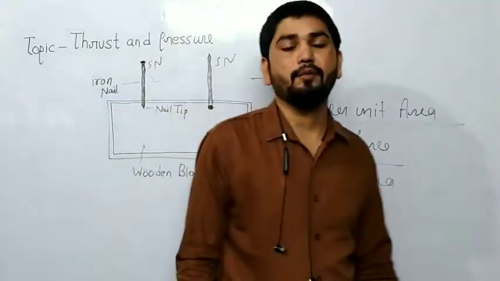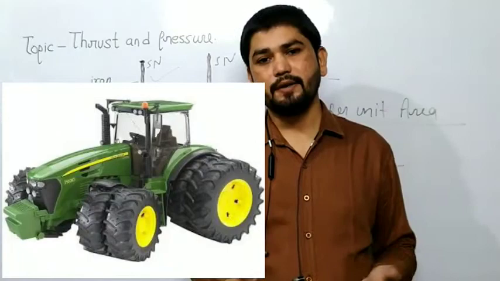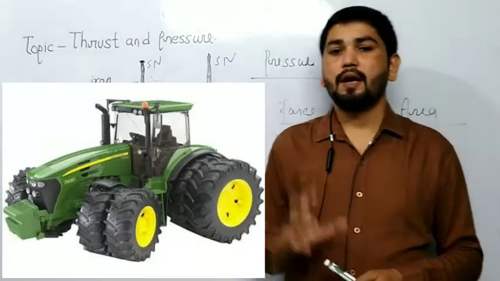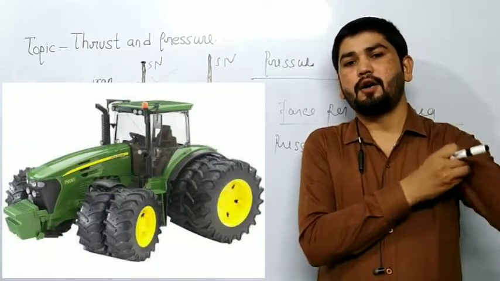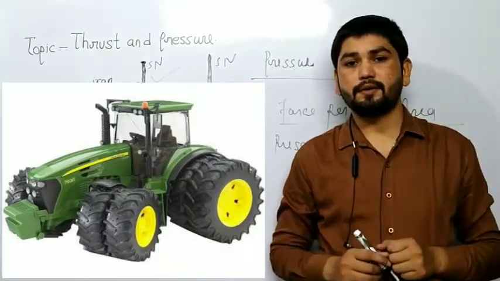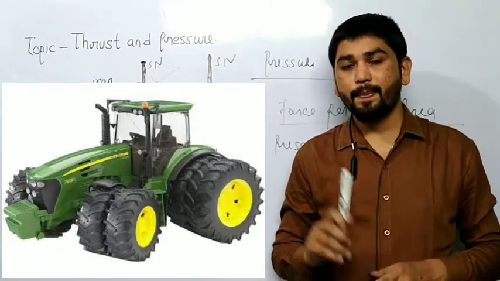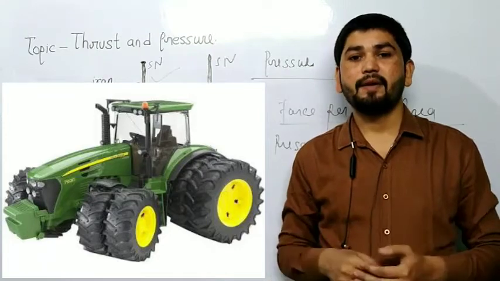Now one more example. Everyone has seen tractors, right? Have you seen the tires of tractors? They are broad, so they cover much area. Why? Because a tractor works in the field, and sometimes the fields are wet and muddy.